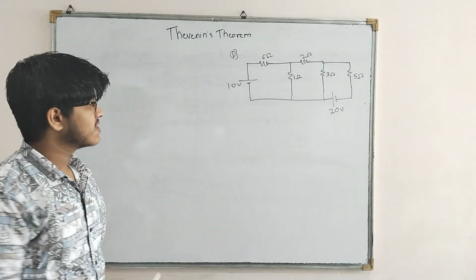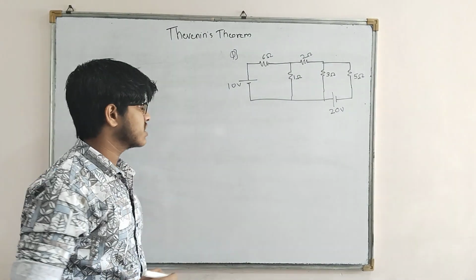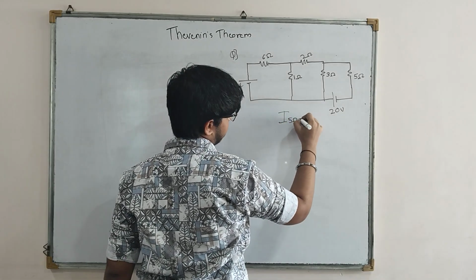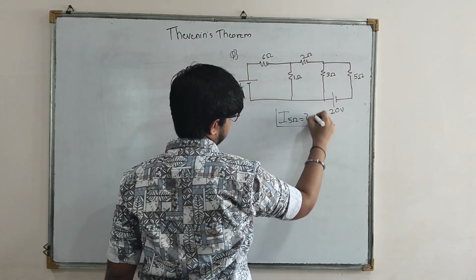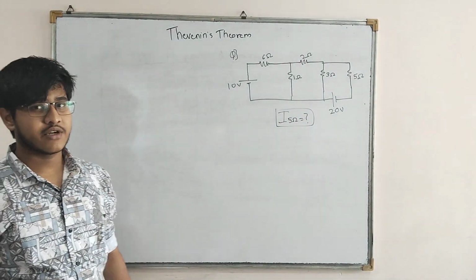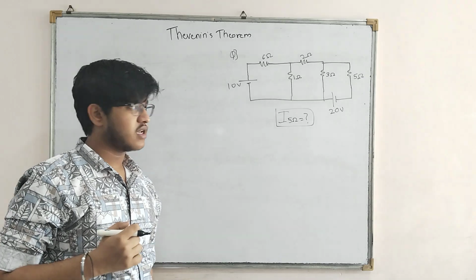Okay, so now this is our question diagram, and the question is to find the current through the 5 ohm resistance. Okay, so as we have decided, we need to solve this sum with Thevenin's theorem.